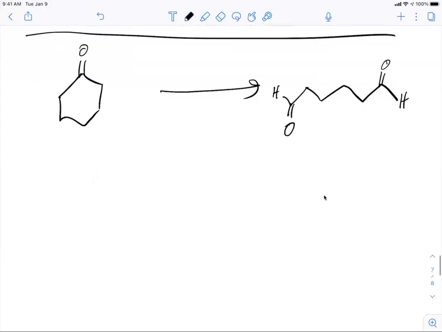Okay, so pause it and take a look at this one. We're going to turn this cyclic alkene into this acyclic dialdehyde.